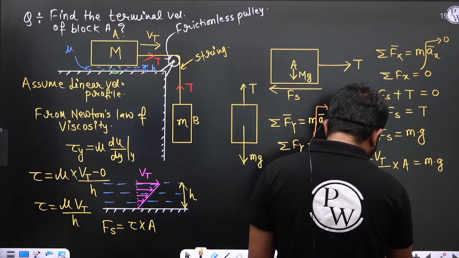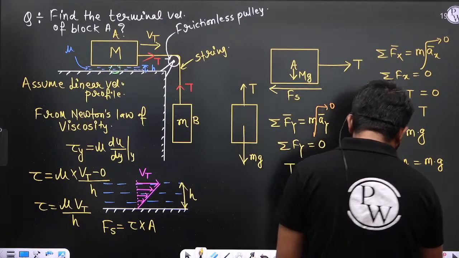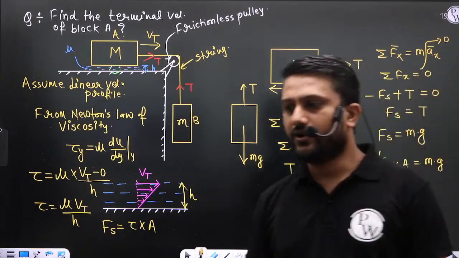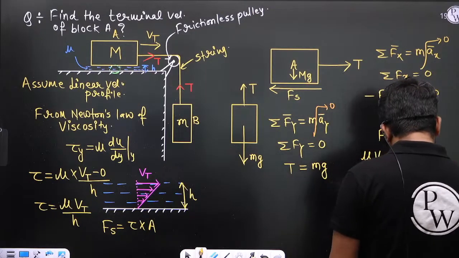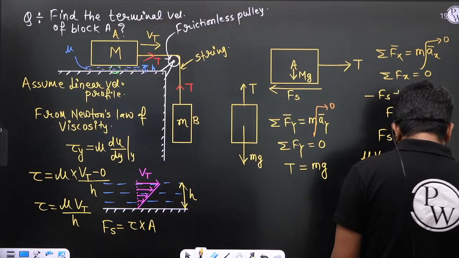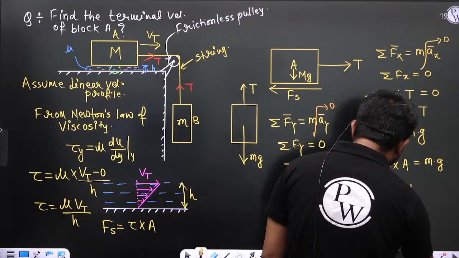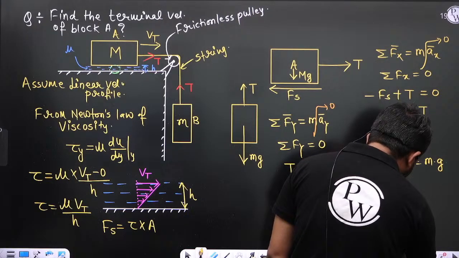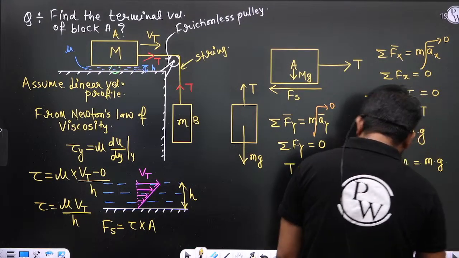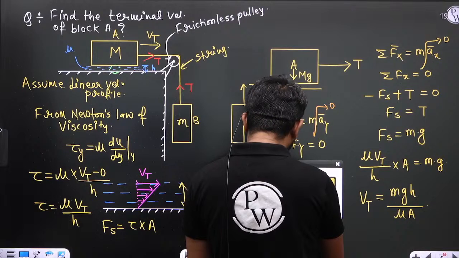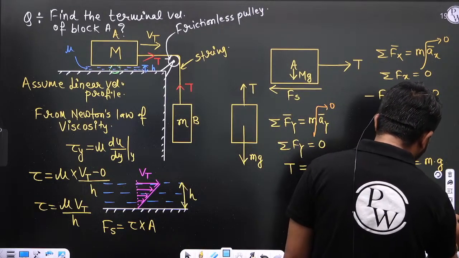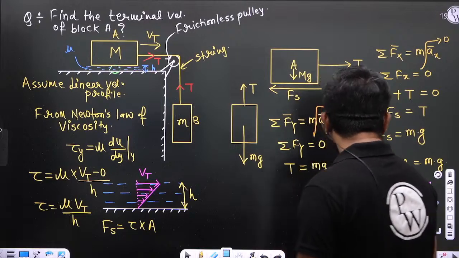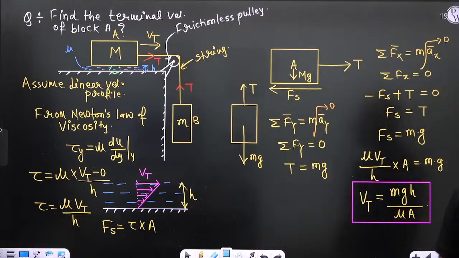From this equation you can easily calculate the terminal velocity. The terminal velocity is m g h divided by mu times A. This is the terminal velocity.